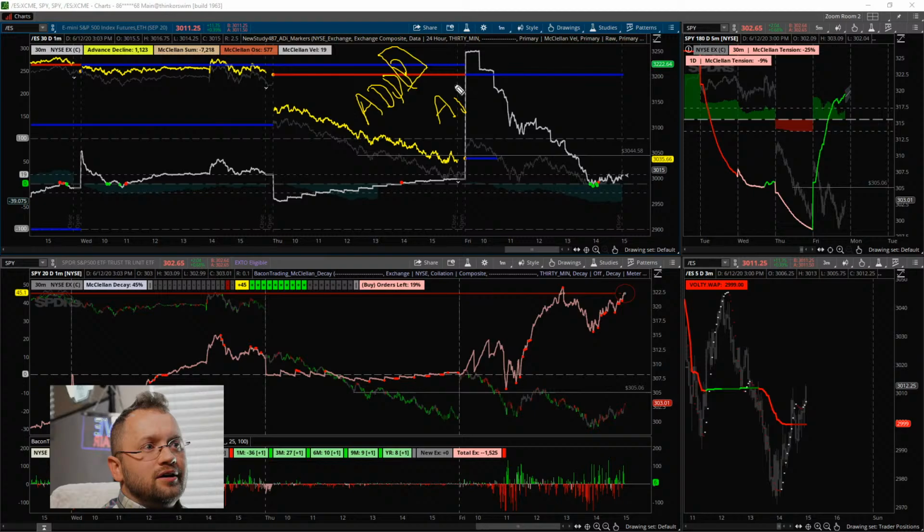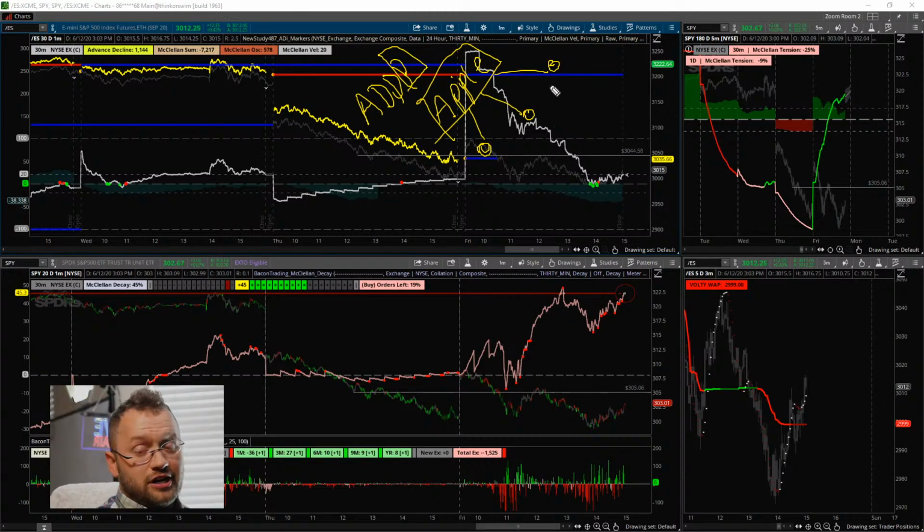So Apple could trade on an exchange here, an exchange here, an exchange here. Only one of these exchanges is the primary, and Apple trades on the NASDAQ. And that's the primary exchange. But it also trades on other exchanges.